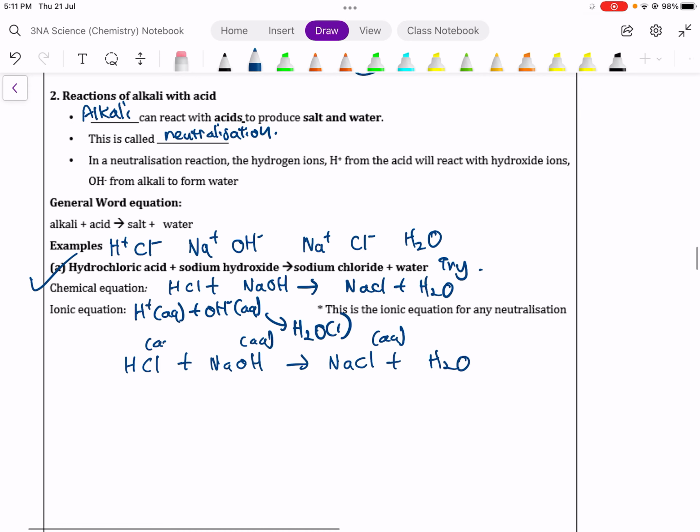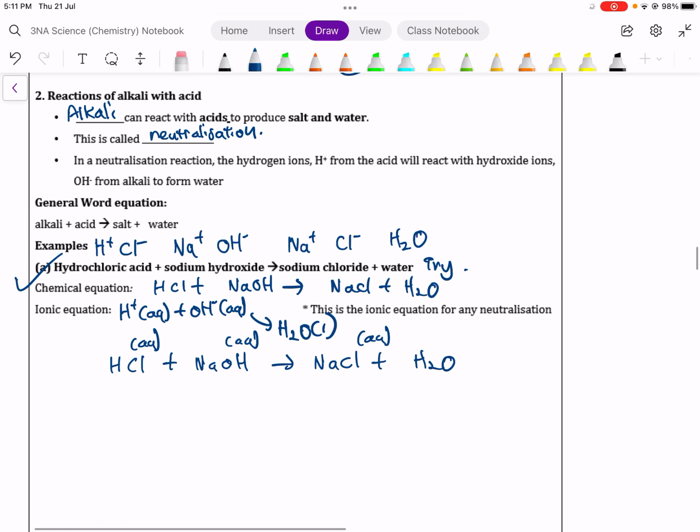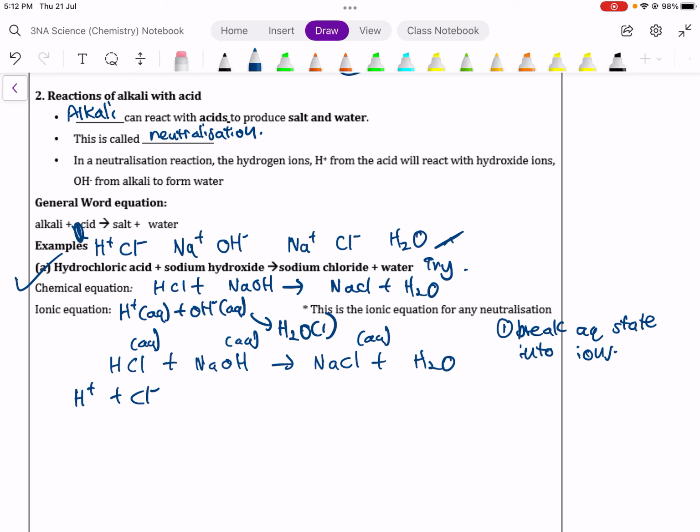What I need to do is, step number 1, break those aqueous states into ions, that means H plus Cl minus. That's why I say this part down here is very useful, because when you need to write an ionic equation, you can see the ions very easily.